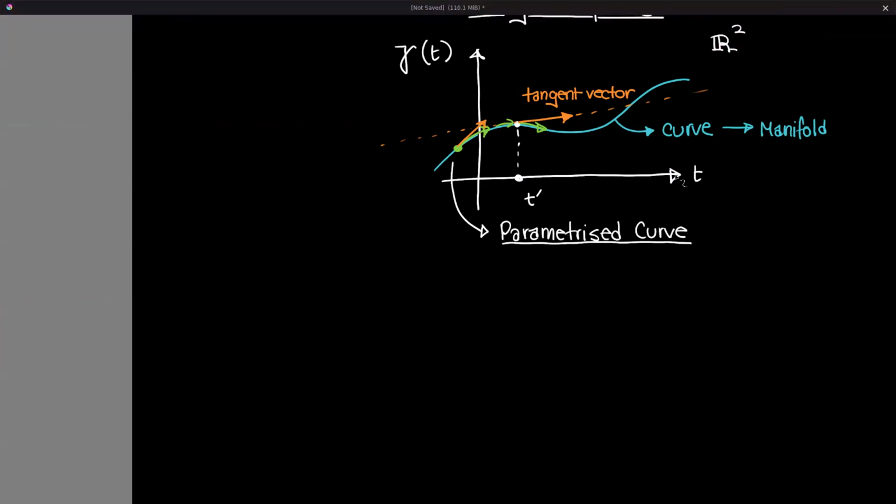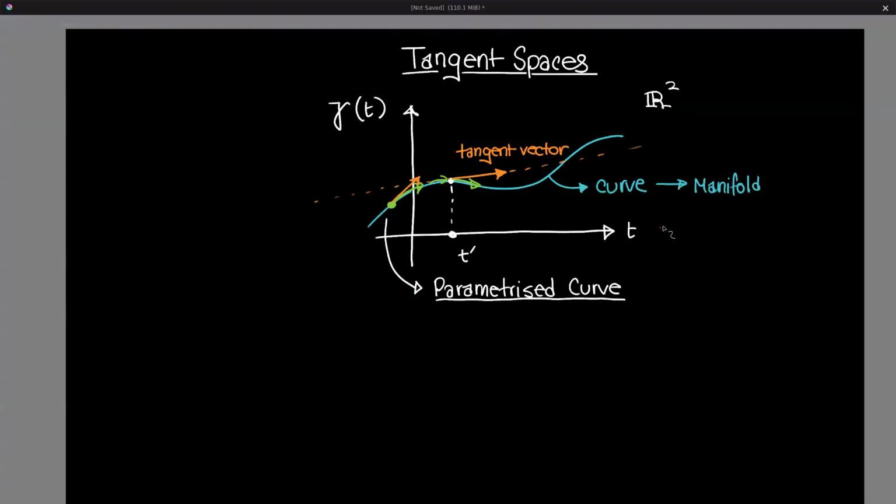We have this real line, the t-axis, quote unquote, which is a copy of R. We're saying let's map this parameter t, which comes from this copy of R, up to R2. So in that case, the manifold would be two-dimensional. You could think of this curve as tracing some path through 2D space.